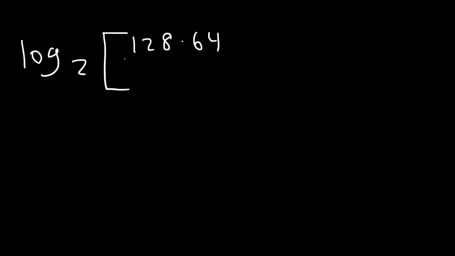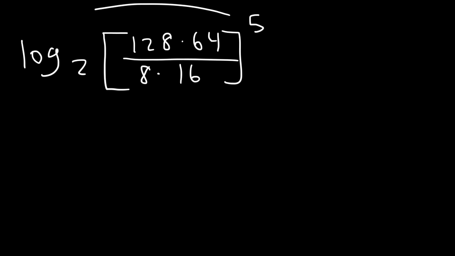Here's the last example. Log base 2 of 128 times 64 divided by 8 times 16, all raised to the 5th power. The first thing we should do is move the 5, and it's going to be distributed to everything.